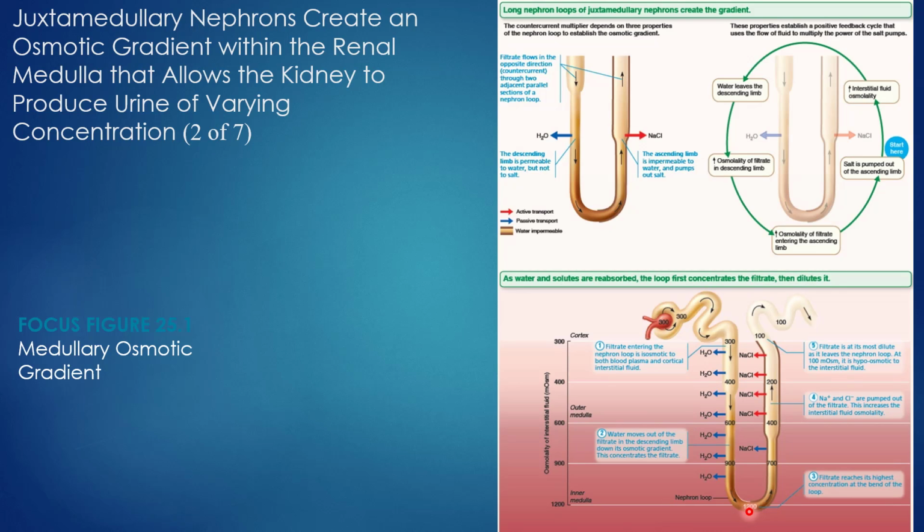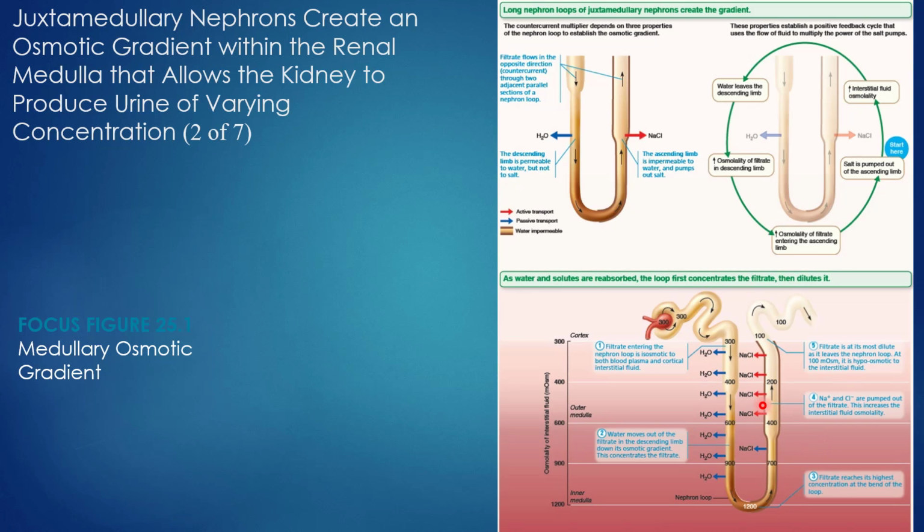So as the filtrate reaches its maximum concentration in the loop, it begins to go down, because this part of the loop of Henle would allow the pumping of sodium out of the filtrate, and that would increase the interstitial fluid osmolarity.